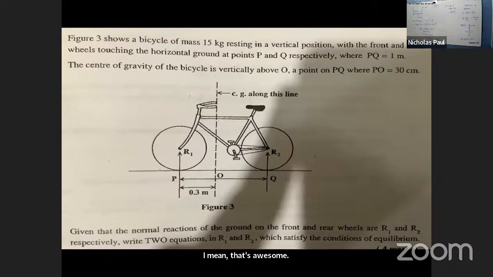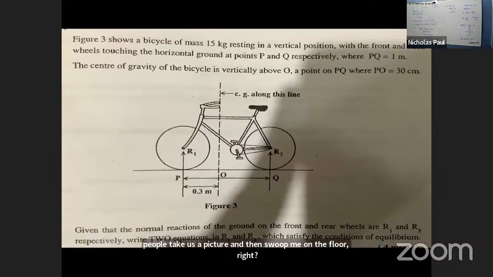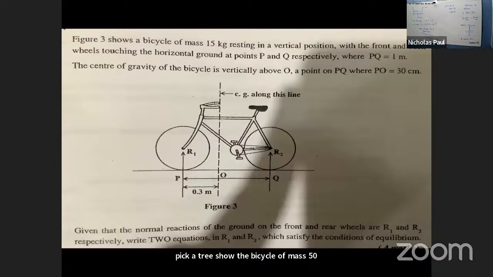Figure 3 shows a bicycle of mass 15 kilograms. Yeah, take a picture and zoom. So you have to work with it as well, right? Figure 3 shows a bicycle of mass 15 kilograms resting in a vertical position with the front and back wheel touching.